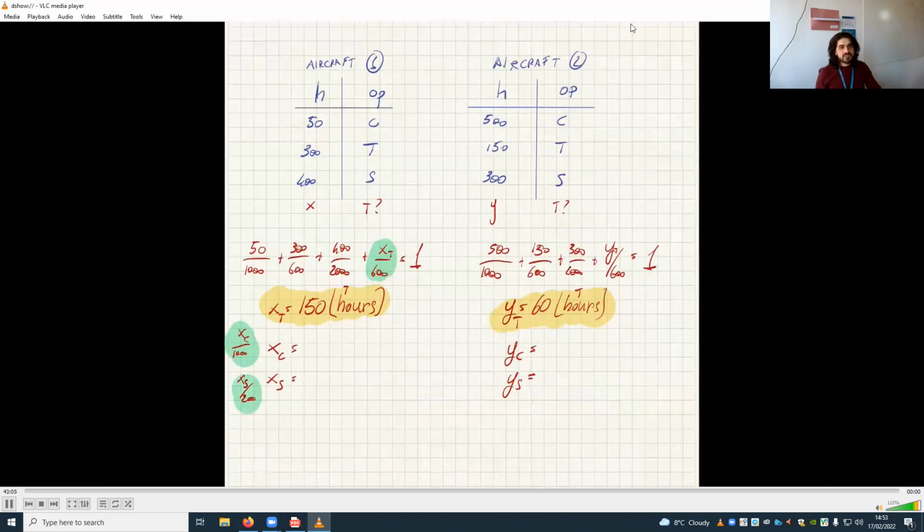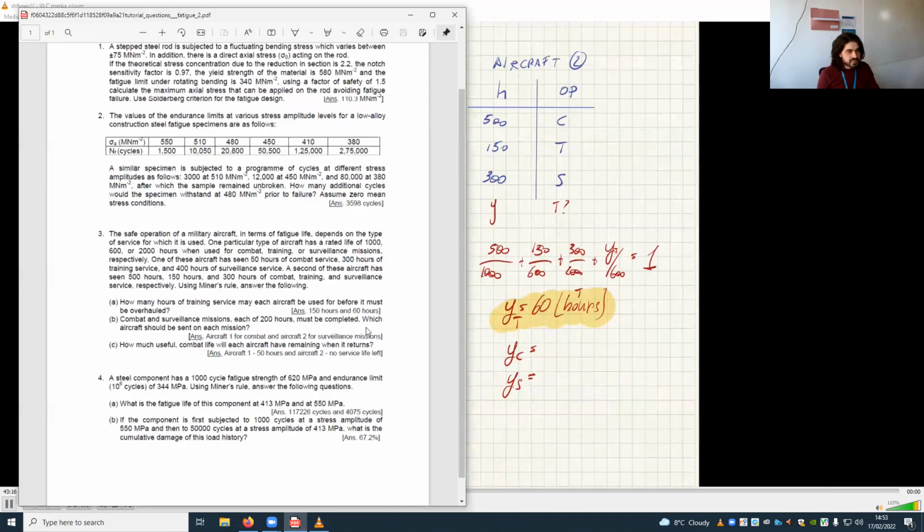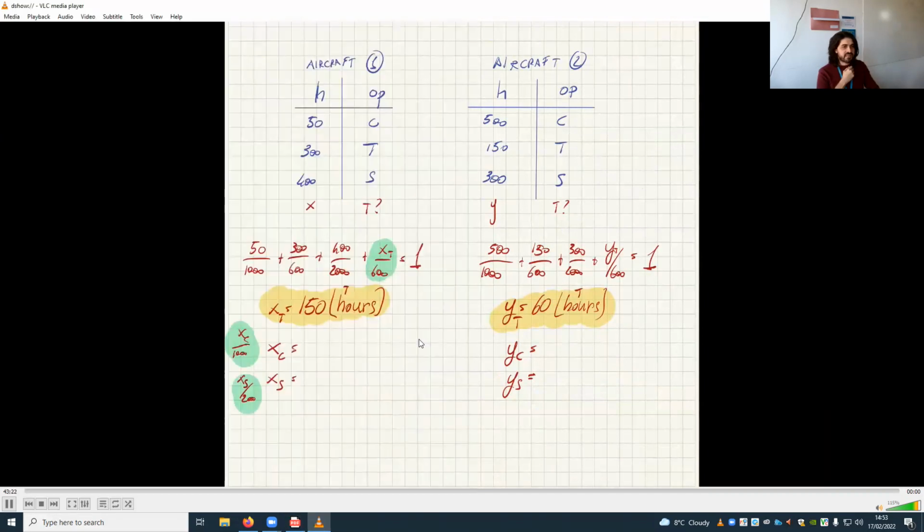So let's go here, and we get where we have aircraft 1 for combat and aircraft 2 for surveillance. Can you do these calculations for me, please? So let me write the equation for the first one.